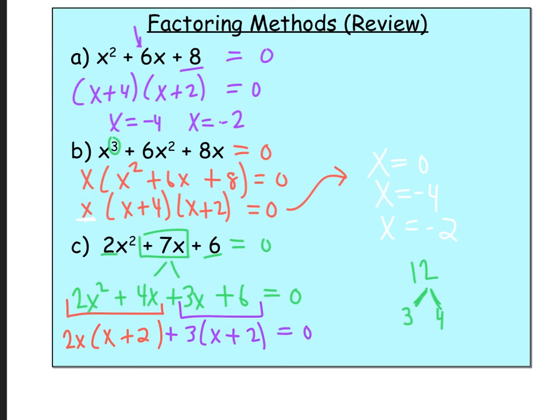This works nicely because we can see they both have this x plus 2 now. So you can bring that out front as a common factor, and the leftover stuff is 2x plus 3.